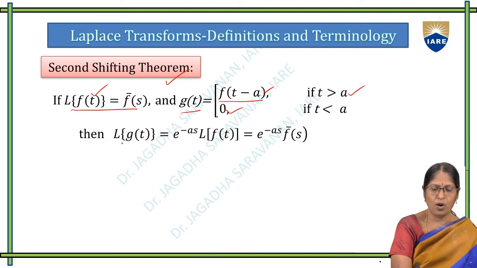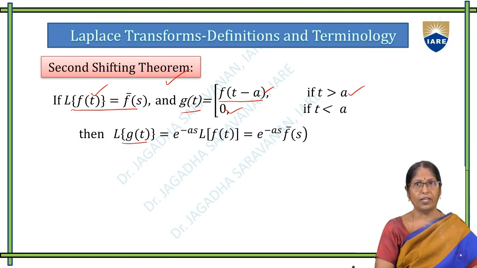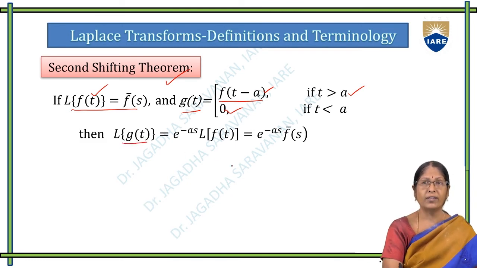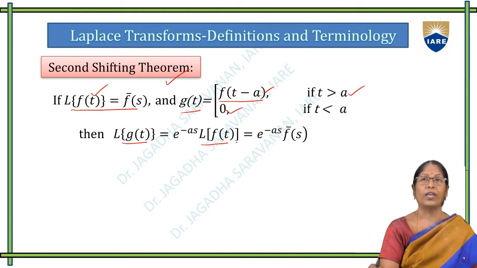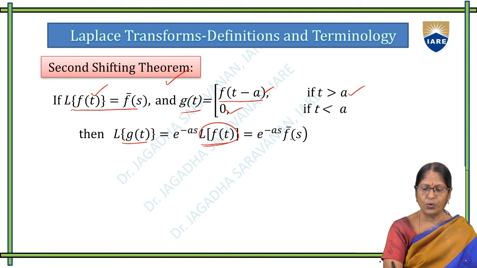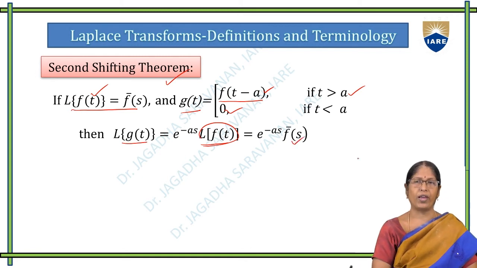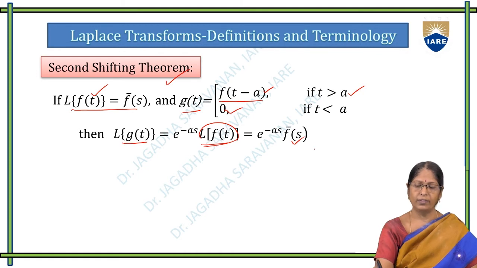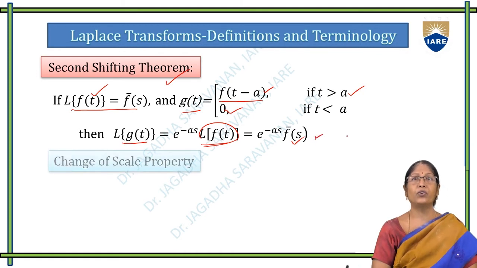Then L of g of t is nothing but e power minus as times L of f of t. L of f of t, the notation is f bar of s, into e power minus as. This is our second shifting theorem formula.